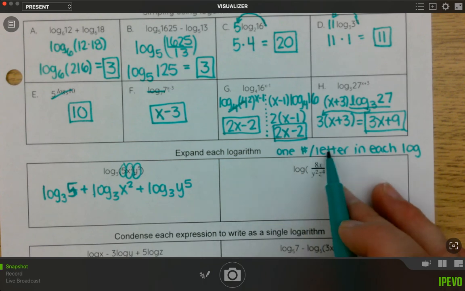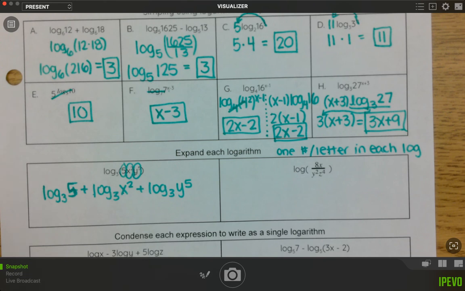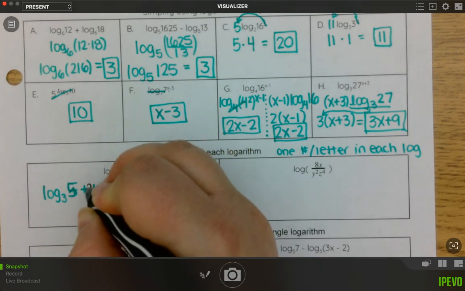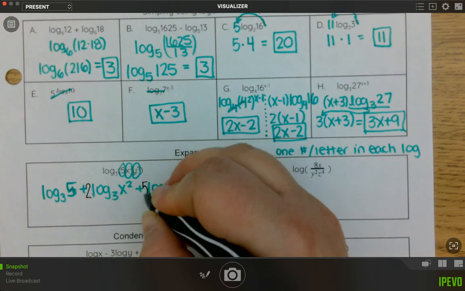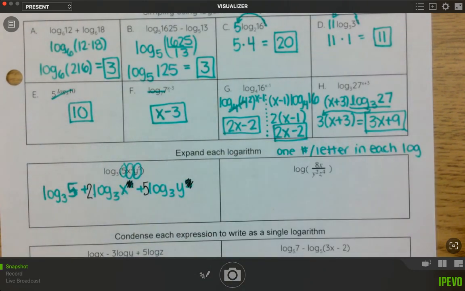These have a letter and a number because they've still got a power. You need to take that power and write it out front. You only want one thing inside of each log, 5, x, and y. So don't forget, afterwards you need to take your powers and put them back out front, just like we did up here.